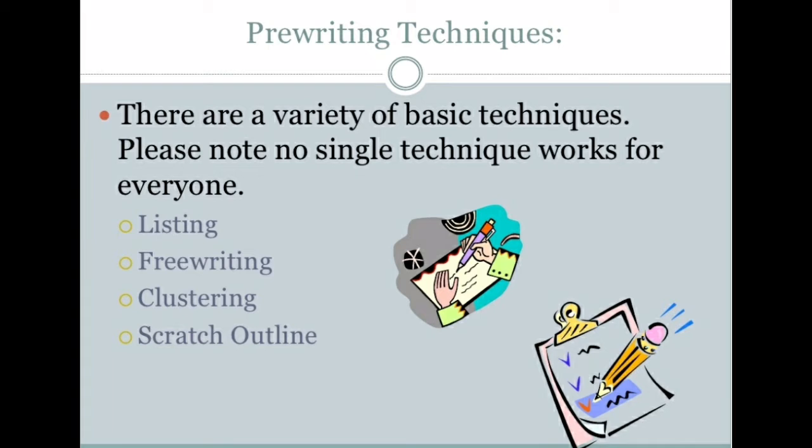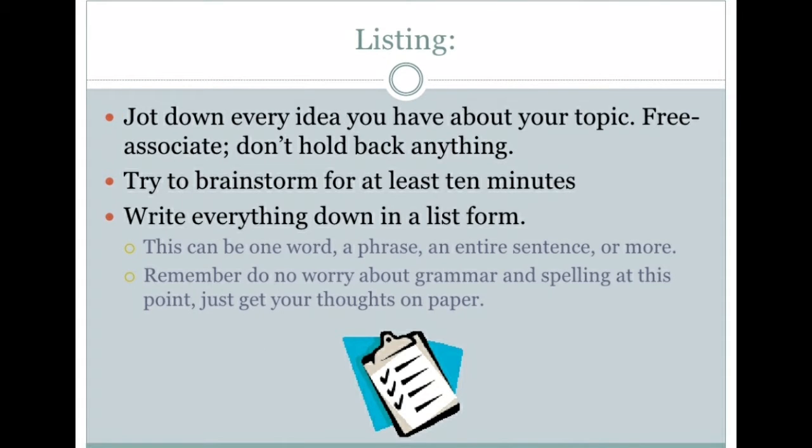So it depends. Whereas for us, listing, free writing, clustering, scratch outline, these four things are considered the basic techniques for pre-writing. And now these points I told you, listing and all these things, we will see one by one. Now it is listing.